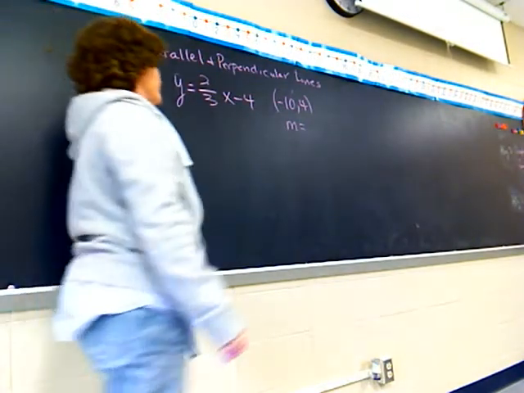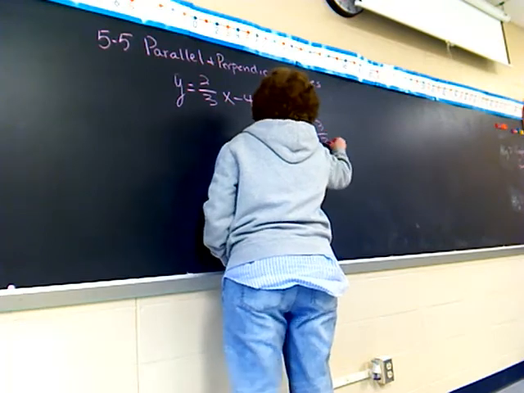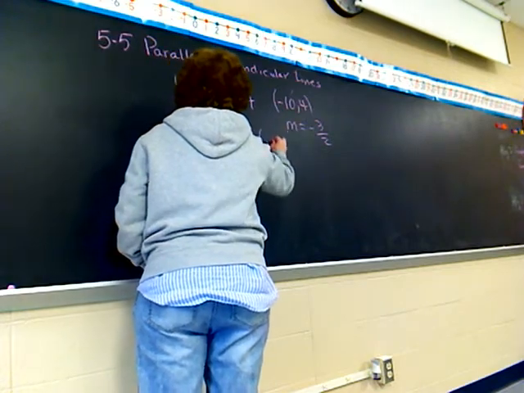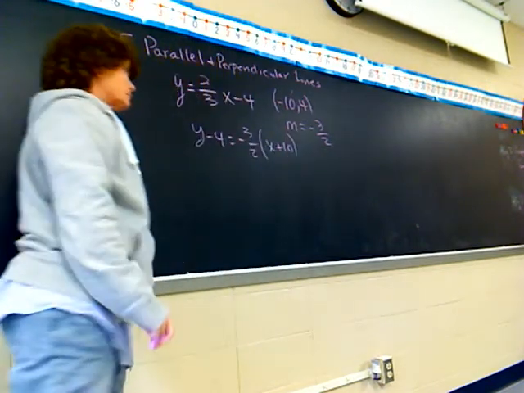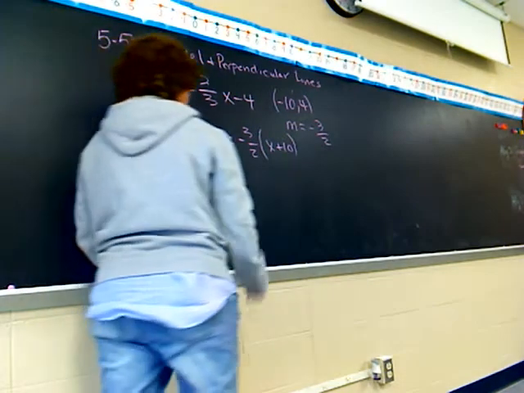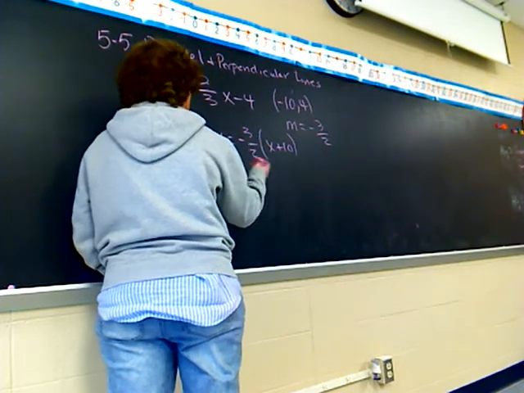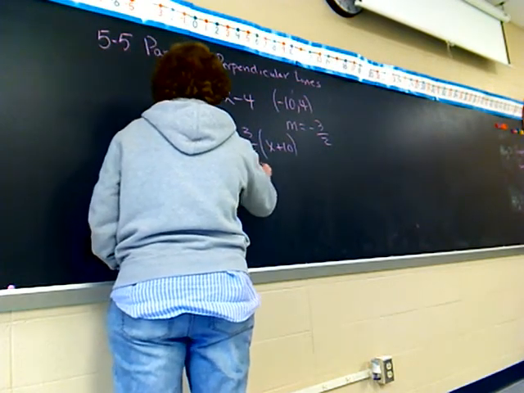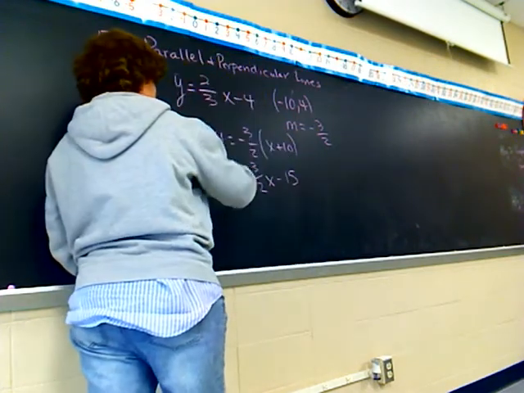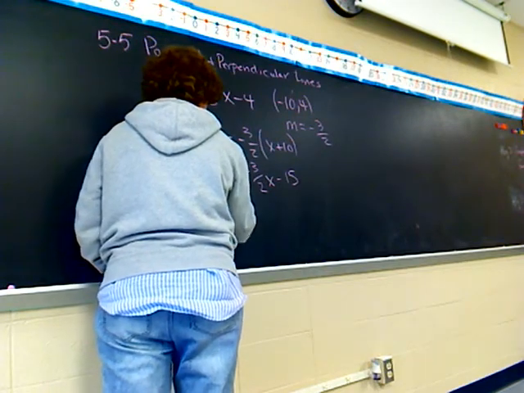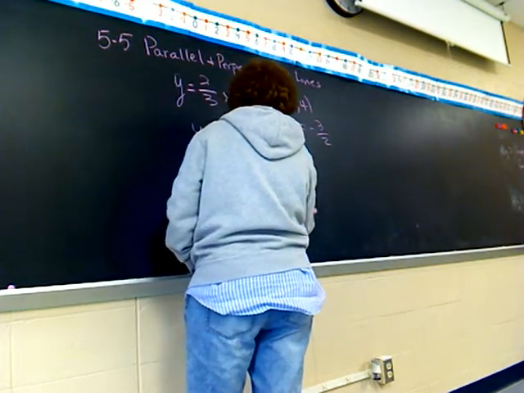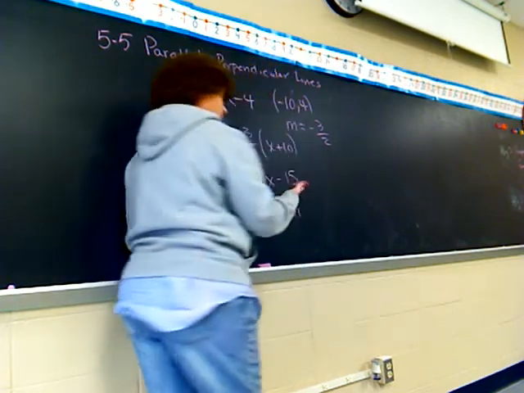So if you pick negative 3/2 as your slope, that is correct. Get that equation, y minus 4 equals negative 3/2 (x plus 4), then distribute. Add 4 to both sides. We're going to get y equals negative 3/2x minus 11.